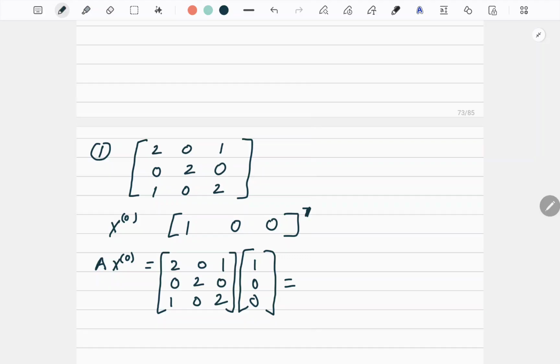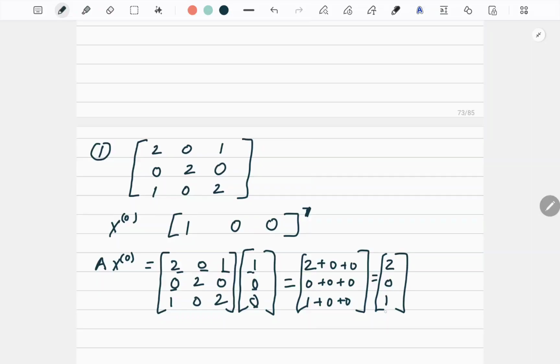Those who are too stubborn to use a calculator, look at this. How do I multiply the matrix? 2 into 1, 2. Plus 0 into 0, 0. Plus 1 into 0, 0. Then 0 into 1, 0. Plus 2 into 0, 0. Plus 0. Then 1 plus 0 plus 0. So I got 2, 0, 1.